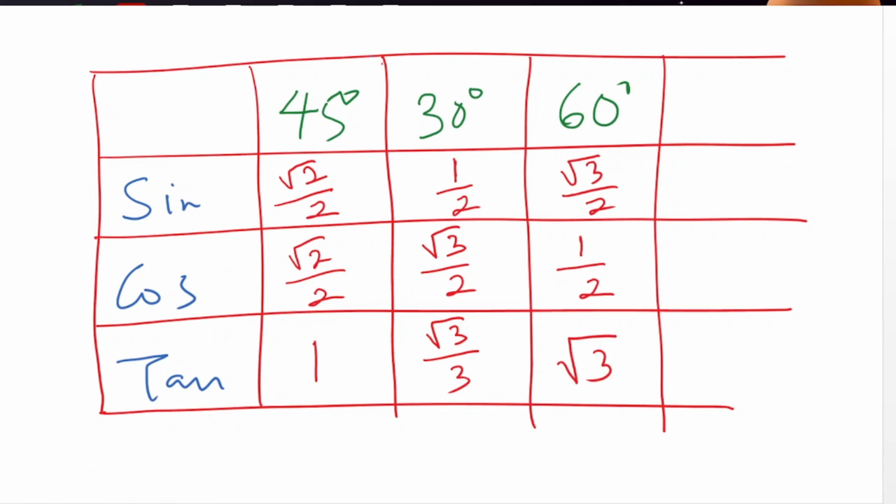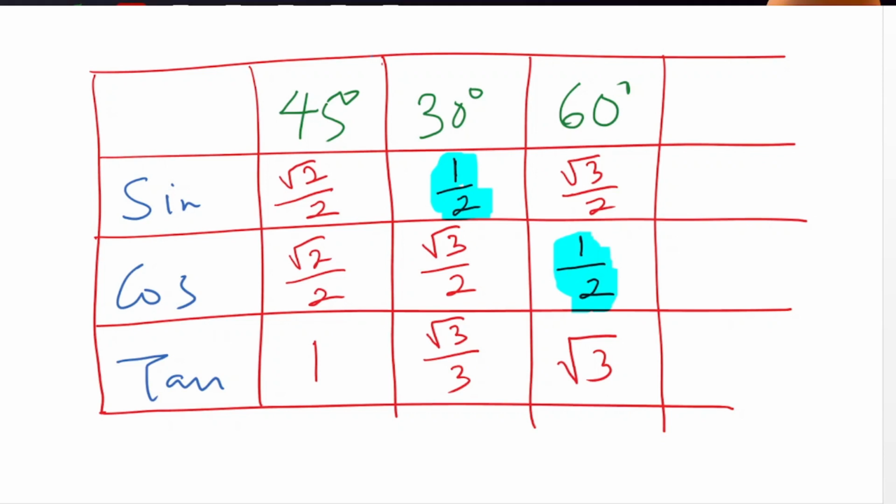Let's now compare the ones that are equal. Let's pick this 1 over 2. Sine 30 degrees is equal to what? Cos 60 degrees.